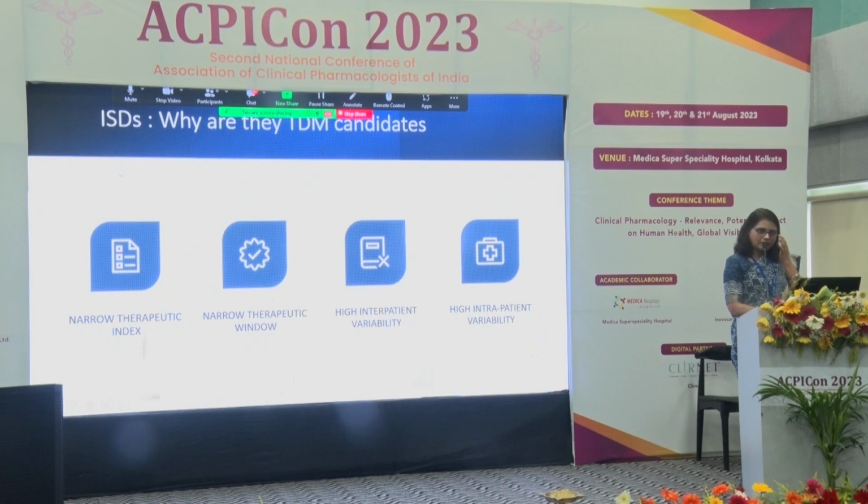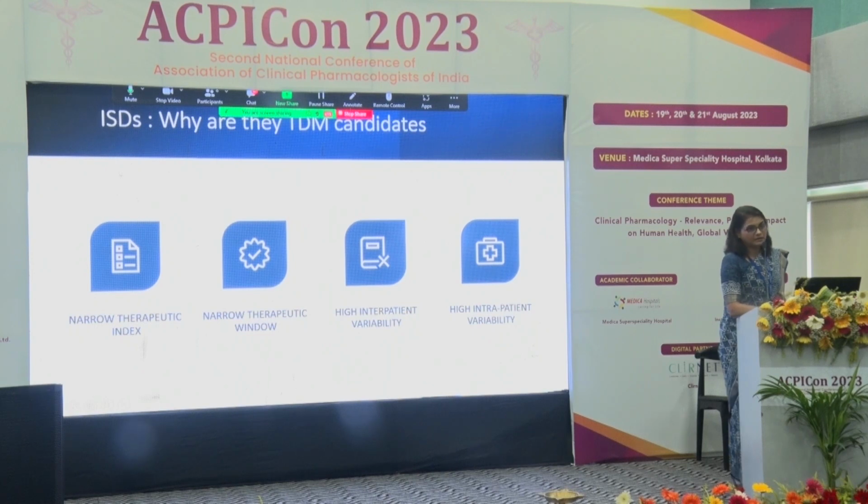Okay, so now the immunosuppressant drugs typically fit into these four groups, with two things that I am adding here: high interpatient variability and high intrapatient variability. These are very well known observations about immunosuppressant drugs, and therefore if we see the requests at any center that delivers a TDM service for a myriad of drugs, immunosuppressants will dominate the list.